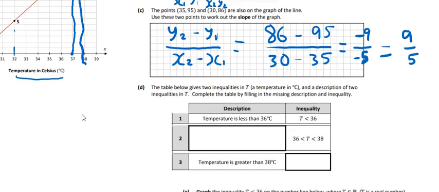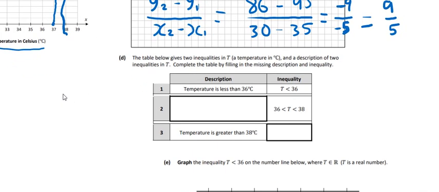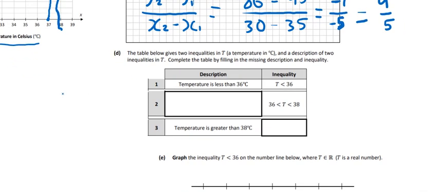The table below gives two inequalities and a description of the inequalities in T. Complete the table by filling in the missing descriptions and inequalities. First one, T is less than 36, so the temperature is less than 36. Remember, if the arrow is pointing towards the left, it means less than.